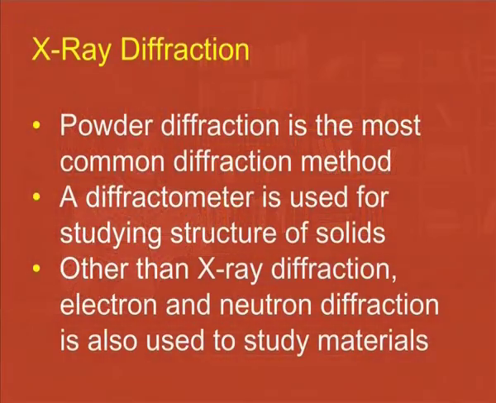The instrument used for studying the crystal structure is called a diffractometer. There are many other ways to find out the structure of a solid, such as electron and neutron diffraction methods, but the materials of interest are different in nature.